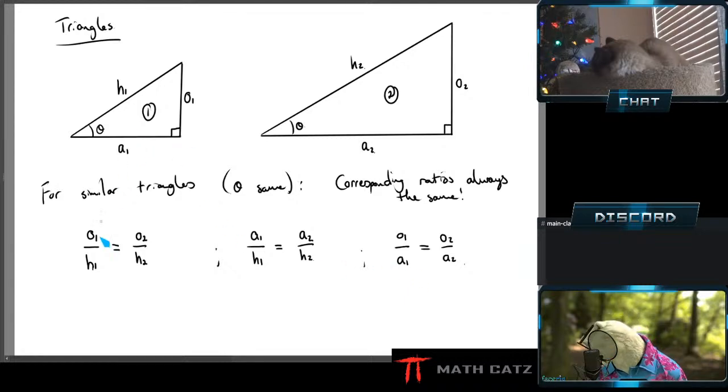Of course, I can't go and say the opposite to hypotenuse ratio matches the adjacent to hypotenuse ratio. It's a different pair of sides. So I have to stick with the same thing. But then as long as the angle stays the same, whether it's a zoomed in triangle or a zoomed out triangle, the ratios are the same.